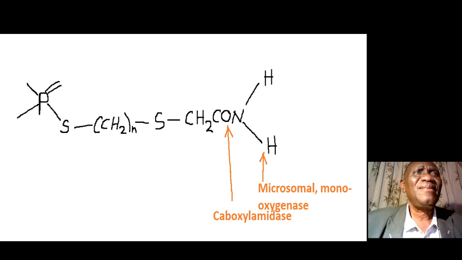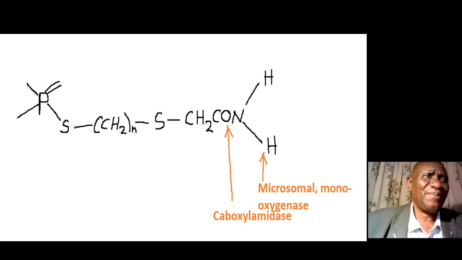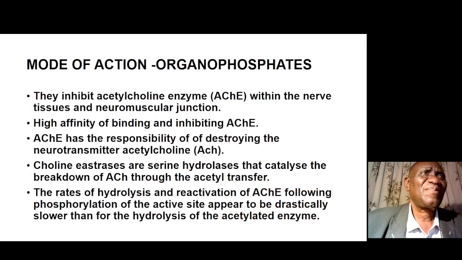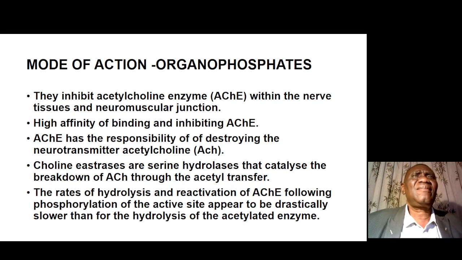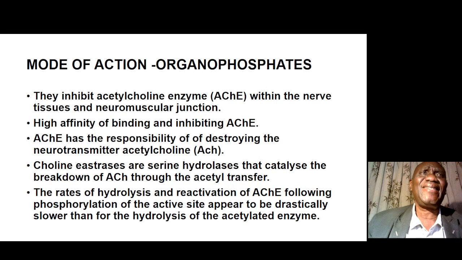On this one, microsomal monooxygenase can hit at the hydrogen there, while carboxylamidase can hit at the oxygen there. Now, our interest really is the mode of action of organophosphates. How do they kill the pests, especially the insect?